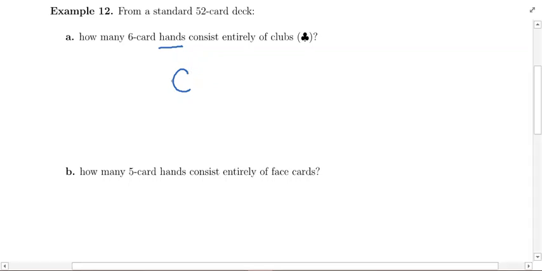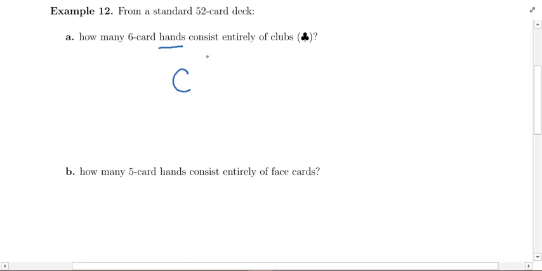So what's going to happen here? We know the way combinations and permutations work. You're going to be choosing from some greater set, so your greater set here would be the entire deck of cards. You would be choosing from that greater set and picking a subset, a 6-card subset of the original deck.